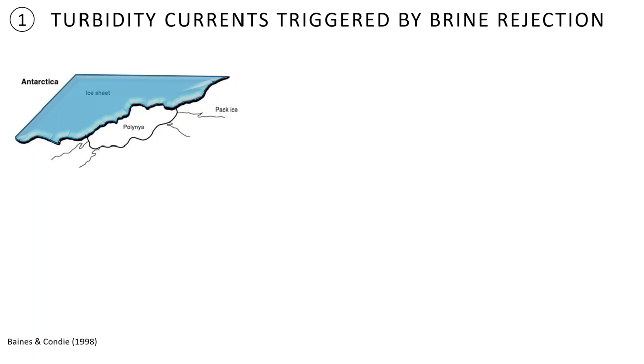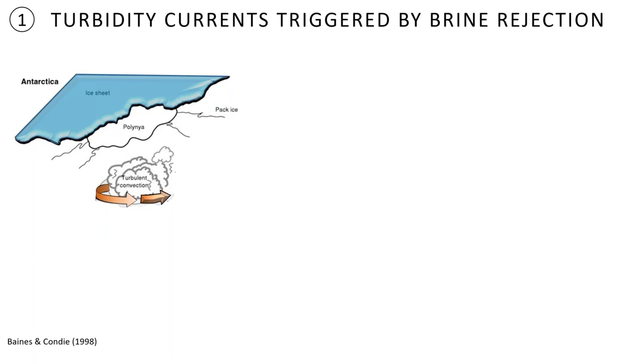These are areas free of ice where new sea ice is then formed, and every time that happens, it leaves behind very dense and very salty water, and this process is known as brine rejection.